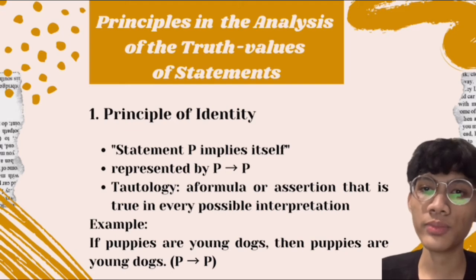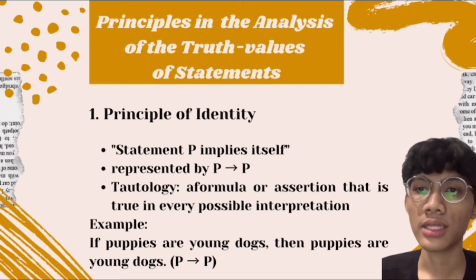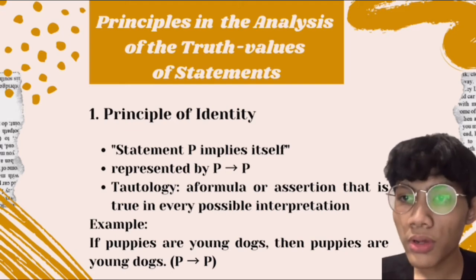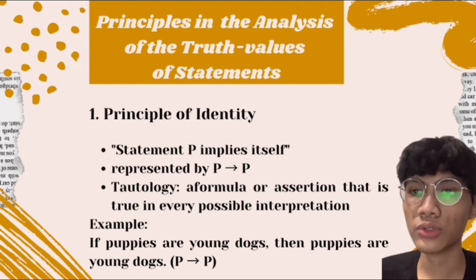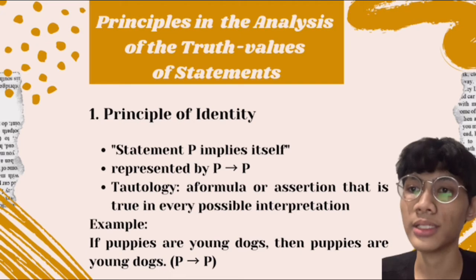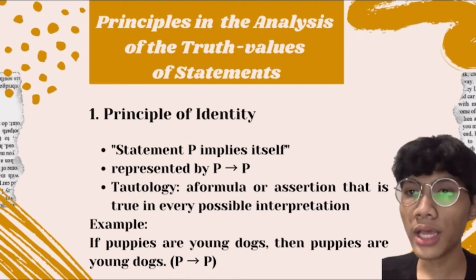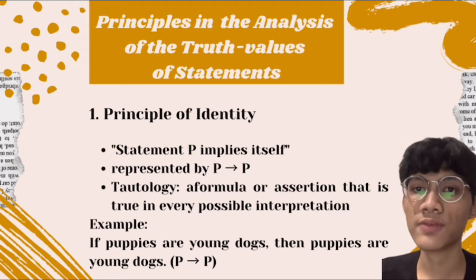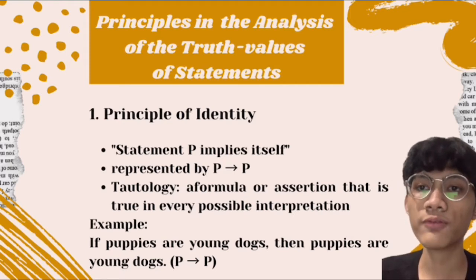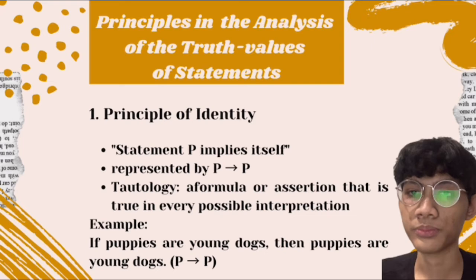That statement will then be if P is false, then P is false. So you use the symbol tilde to incorporate negation: tilde P, then an arrow, then tilde P. These statements are called a tautology. When a statement is always true by virtue of its logical form, it is called a tautology.